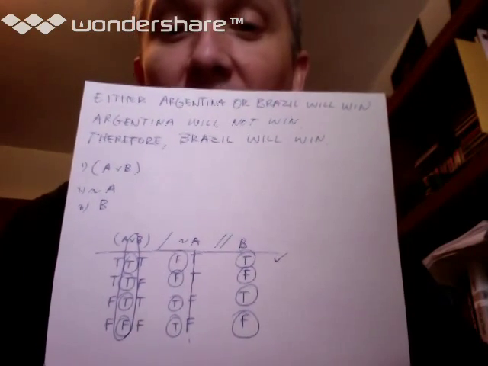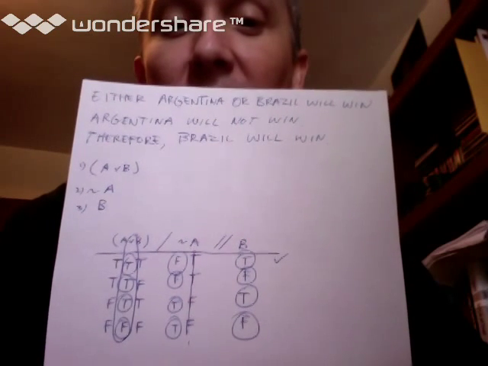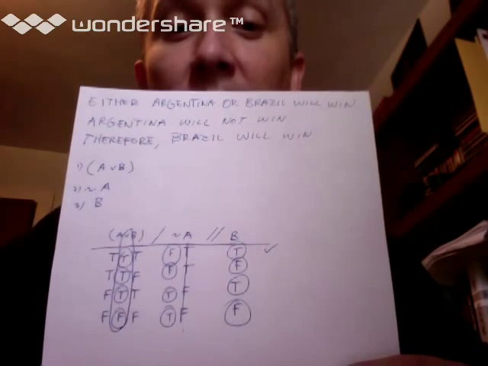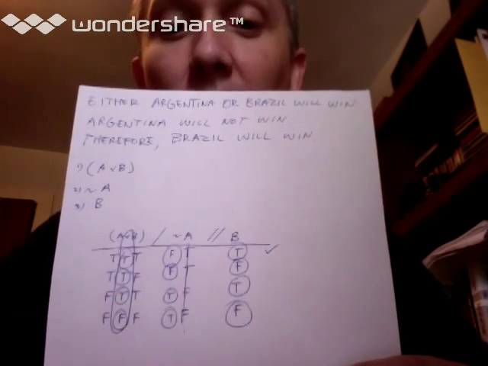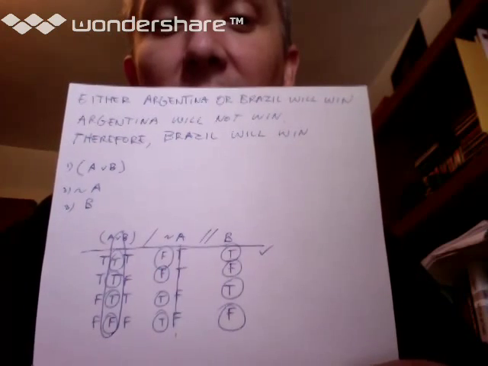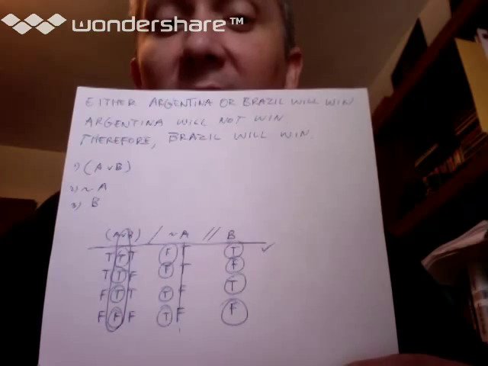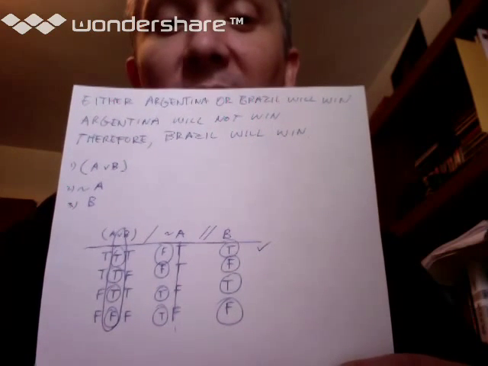So the argument is still valid as far as we're concerned because there's only one case that can prove the invalidity of the argument. So both the premises would have to be true and the conclusion would have to be false. That's the one case that shows the argument's invalid. Any other case just shows the argument's fine, it's valid.